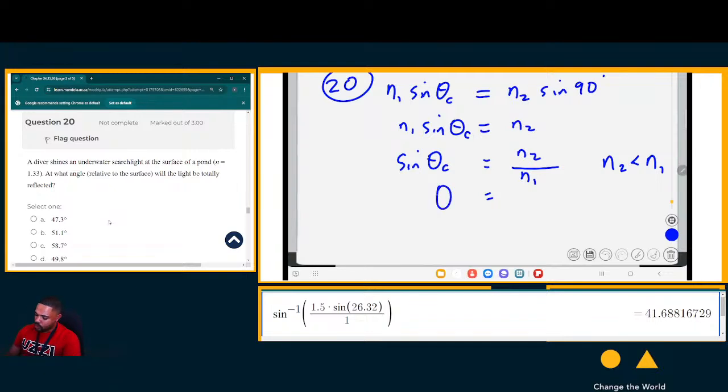So the critical angle is the inverse sine of N2 over N1. In our case, N2 is the air, N1 is for water, 1.33.